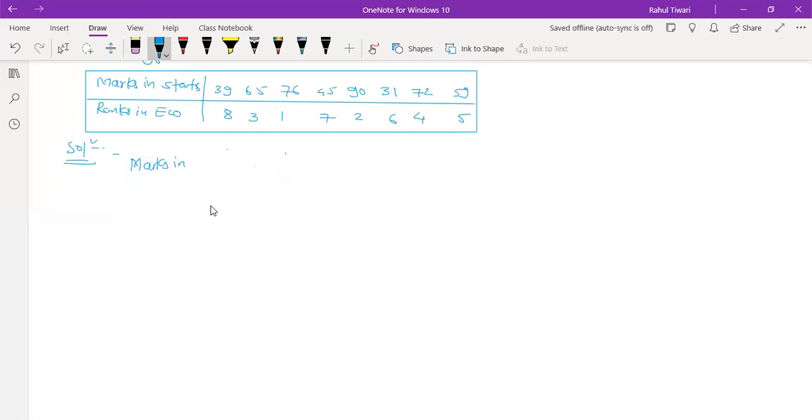So the marks in stats, and in economics, sorry, not marks. It is the rank, because we have been given data in the form of rank, not marks. This is the rank.